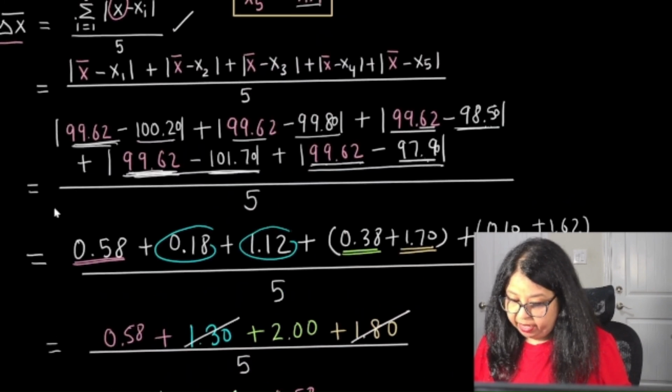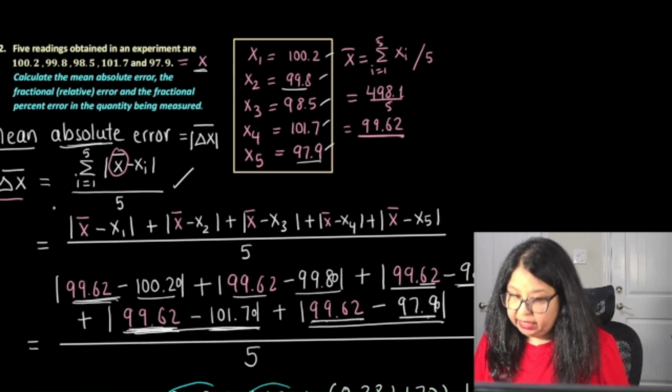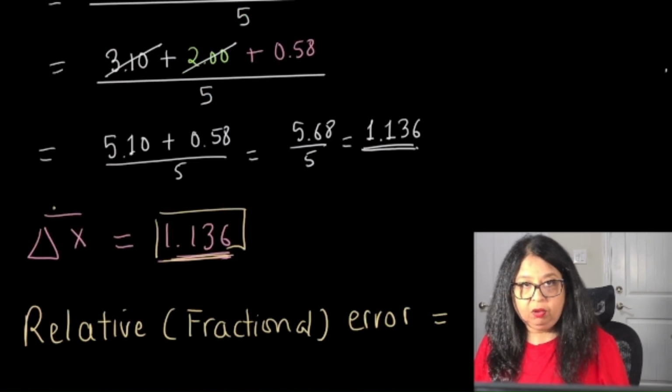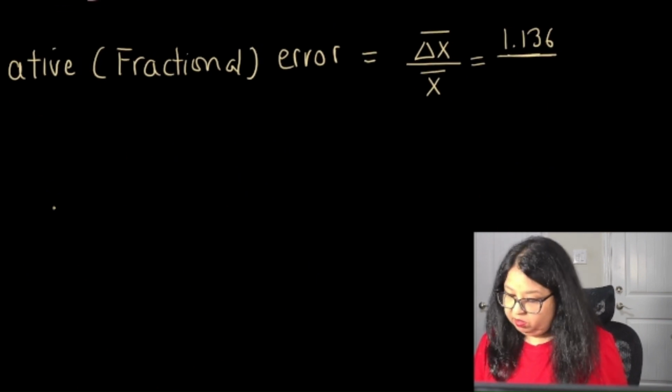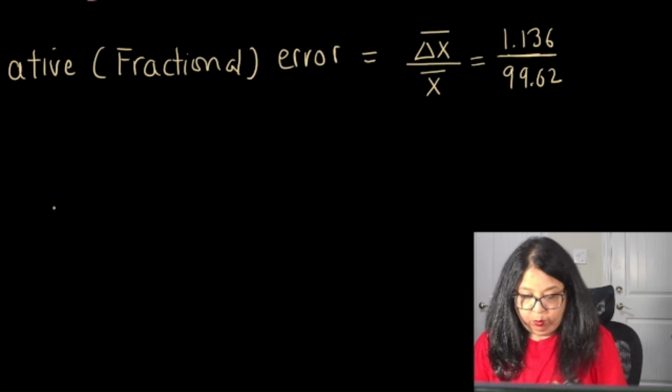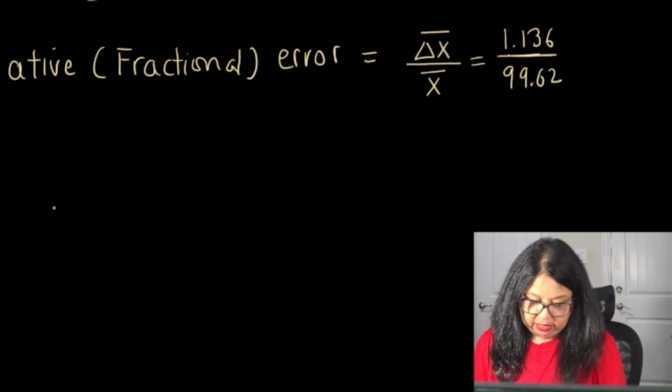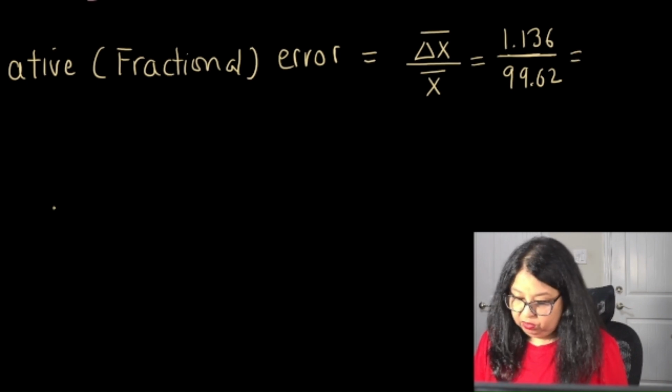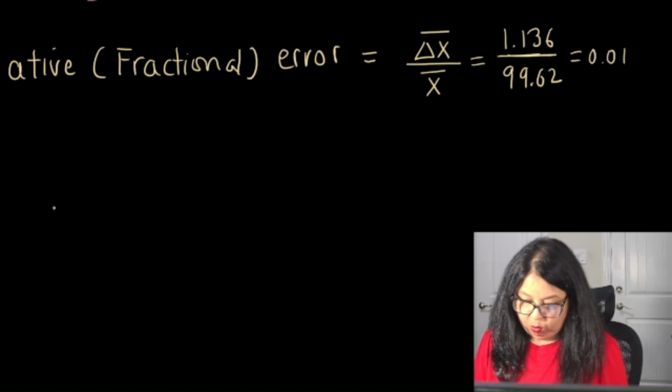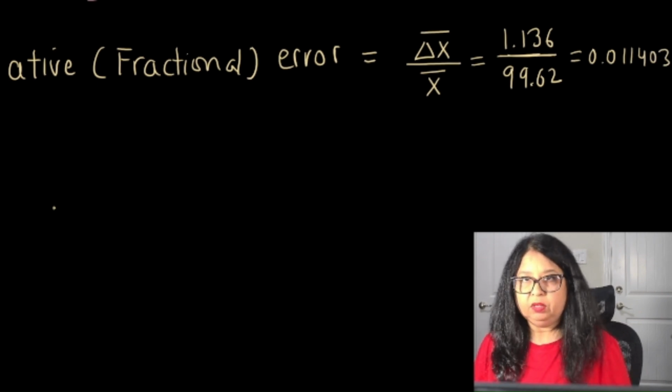Divided by x bar, and x bar was 99.62. All right, let's divide this by 99.62. We're going to get 0.01140333. That is our answer.